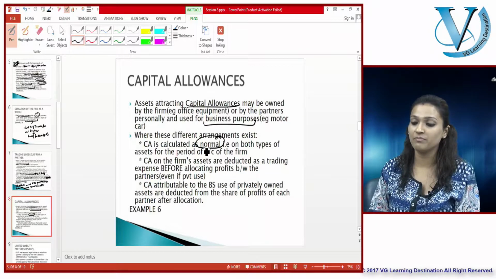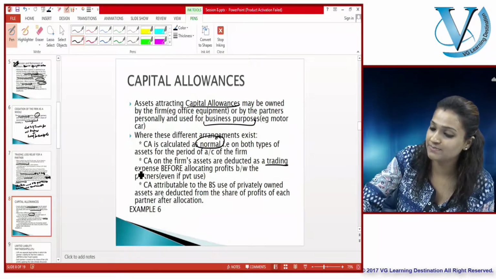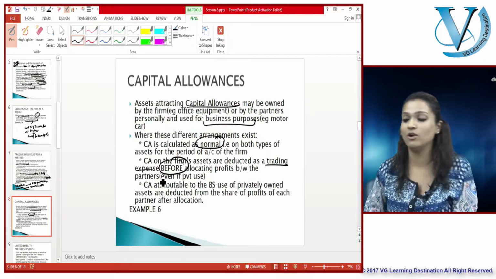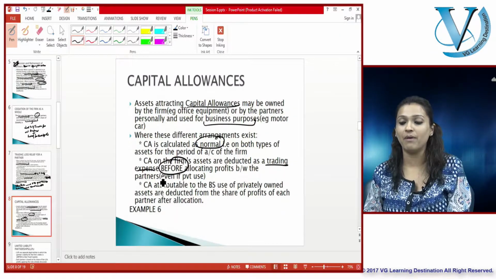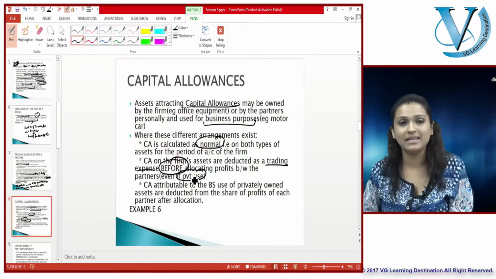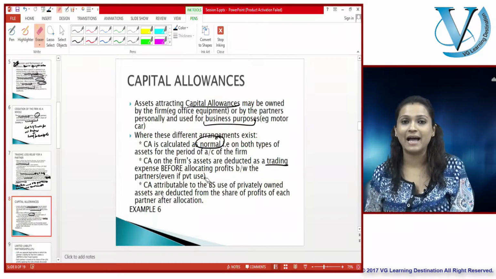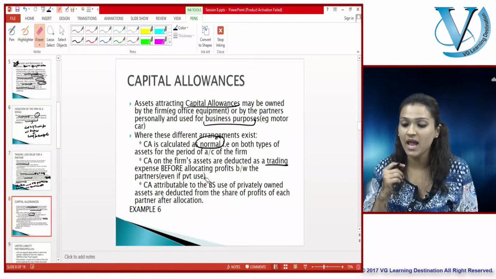Capital allowances on the firm's assets are deducted as a trading expense before allocating profits between the partners. So even if it is for private use, whatever be the amount of capital allowances, you reduce it before you start allocating profits amongst the partners.